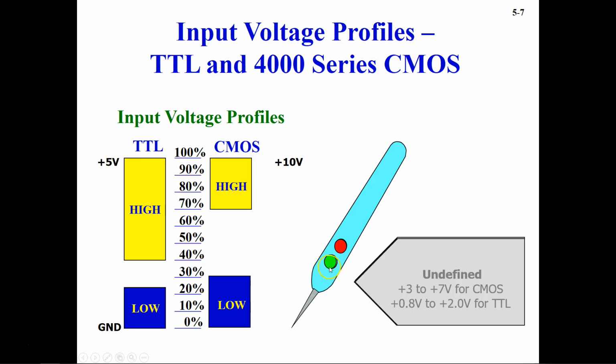The green button, which is bright right now, is for low logic, and the red one is for the high logic. If both of them are bright, or going back and forth, on and off together, then that means your TTL voltage is in the undefined region. That's why both of them brighten up.